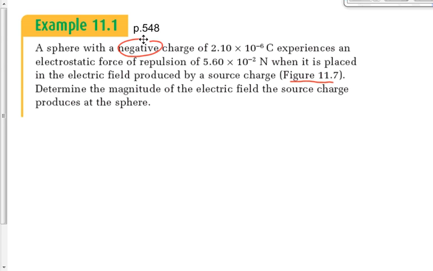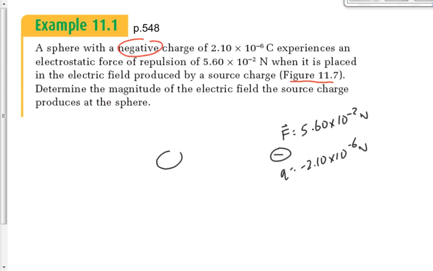So let's draw this. We've got a negative charge that experiences a force of 5.6 times 10 to the negative 2 newtons. We've got a producer over here that caused that field.